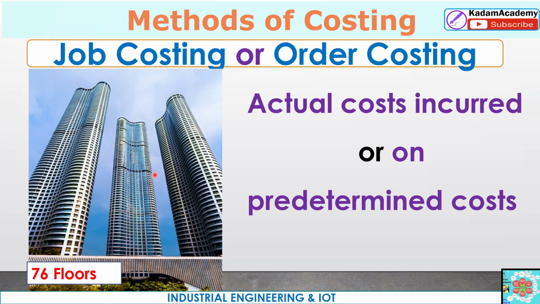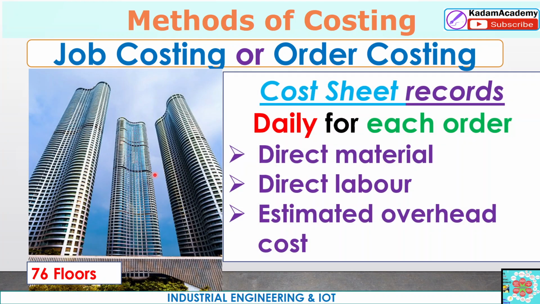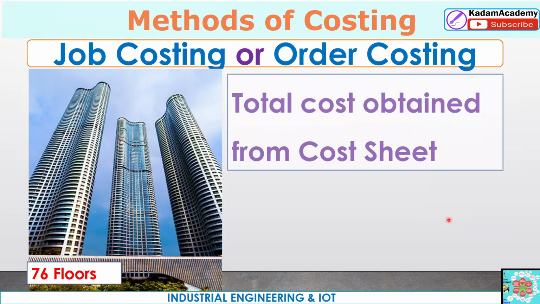You have to keep daily records of the direct material and direct labor required, and the estimated costs that we have to compare. The daily record of direct material, direct labor and estimated overhead cost for each order is recorded in the production order or cost sheet.